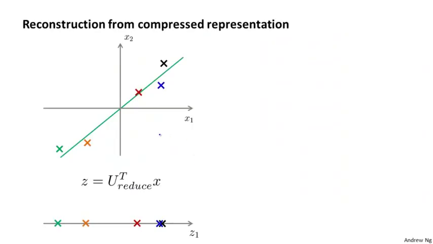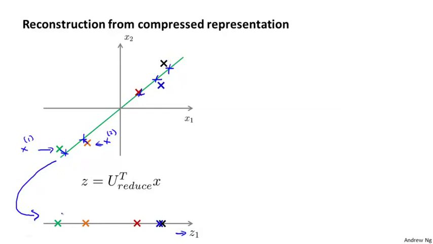In the PCA algorithm, we may have an example like this. So maybe that's my example X1, and maybe that's my example X2. And what we do is we take these examples and we project them onto this one-dimensional surface, and now we need to use only a real number, say Z1, to specify the location of these points after they've been projected onto this one-dimensional surface.